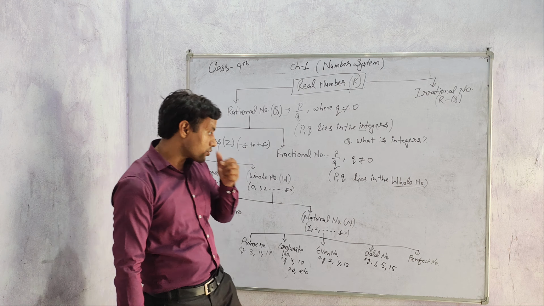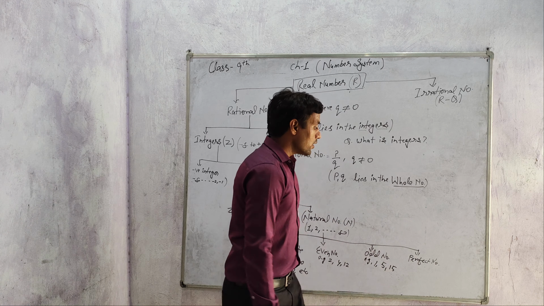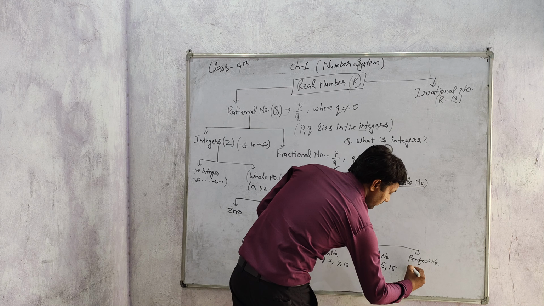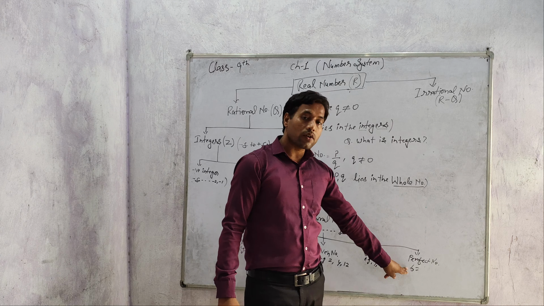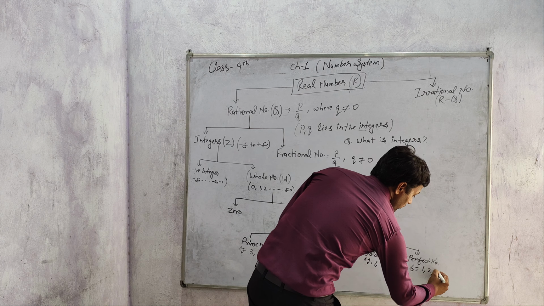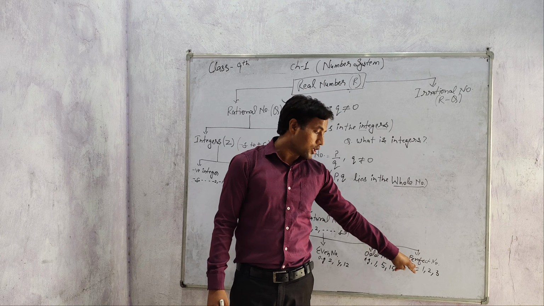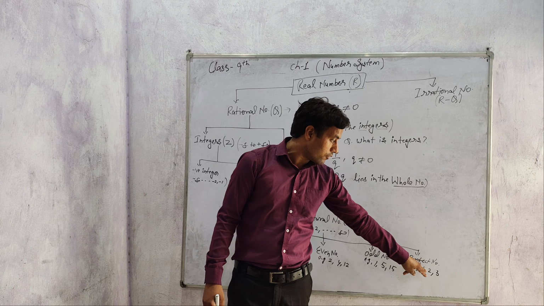Okay, now it turns to perfect numbers. What is a perfect number? Let's take an example, first 6. We know all the divisors of 6: 1, 2, 3. 6 is also a divisor of 6, but we only consider 1, 2 and 3.